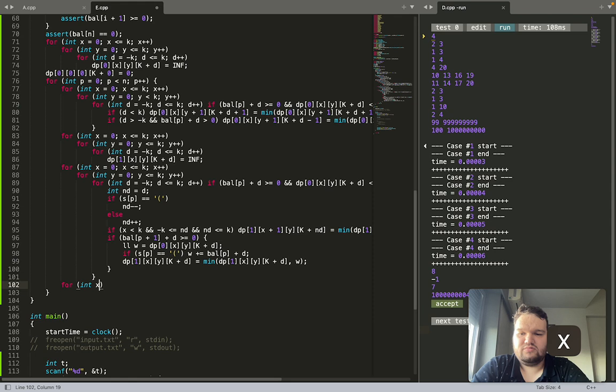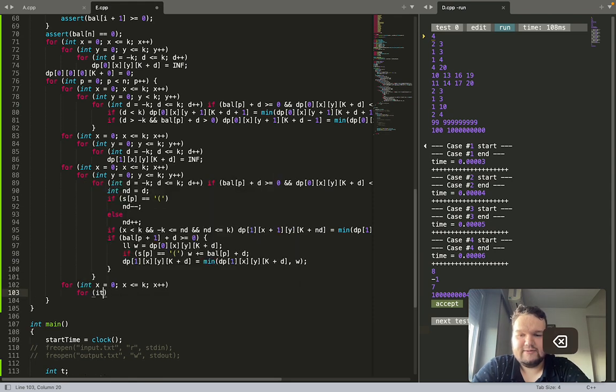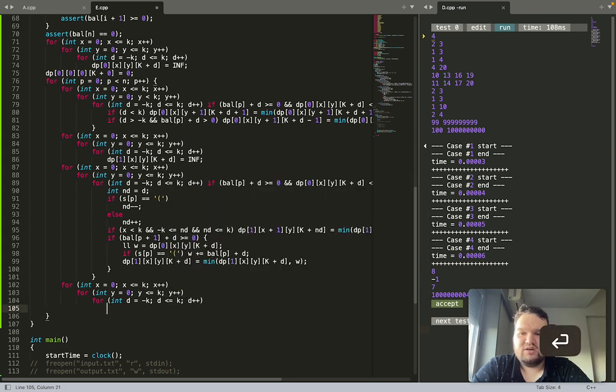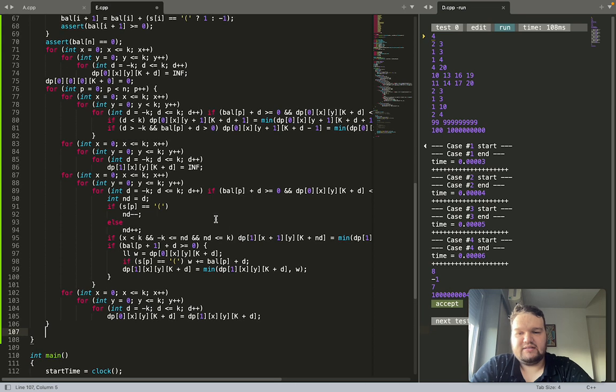Great, and now copy all the values to the zeros layer. Right, and actually we need to do this transition after we traversed all the string too.